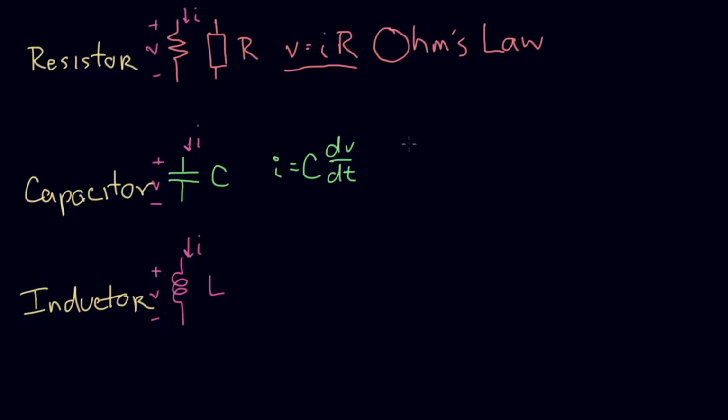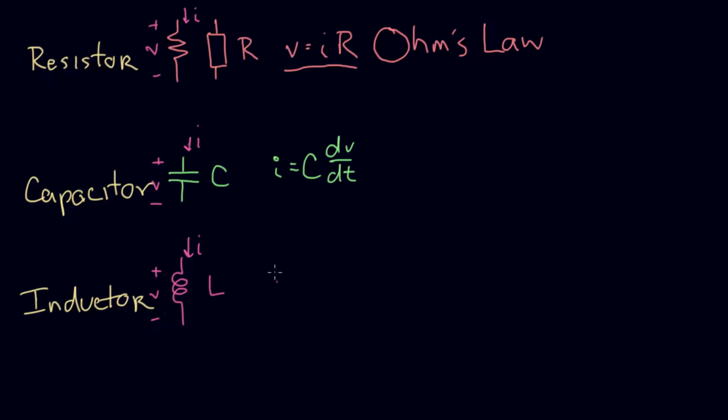So now we have two equations. Let's do the third equation, which is for the inductor. The inductor has a property very similar to the capacitor. It has the property that the voltage across is proportional to the time rate of change of the current flowing through the inductor. So this is similar to, but the opposite of, how a capacitor works. The voltage is proportional to the time rate of change of current.